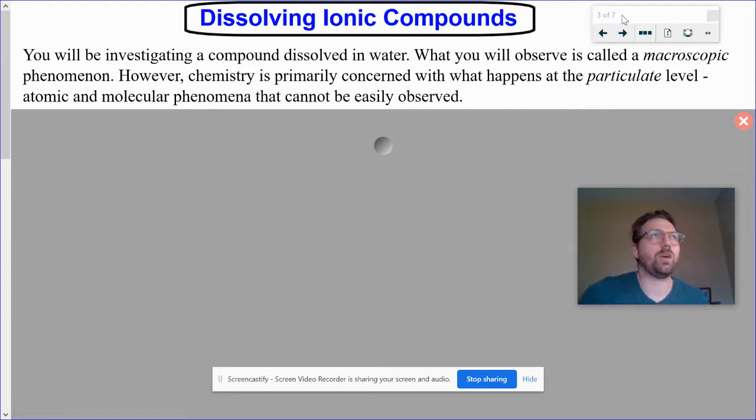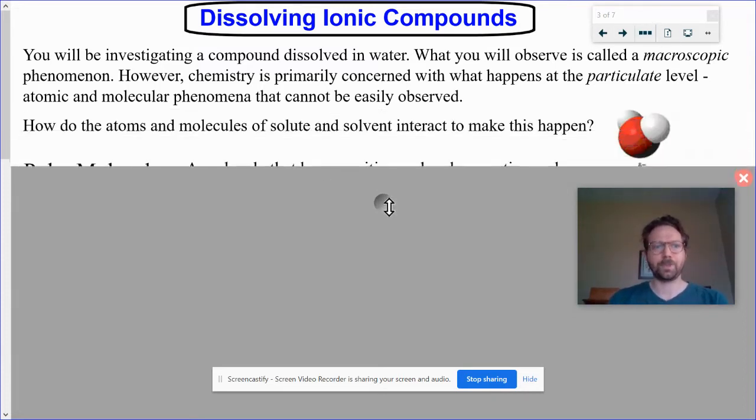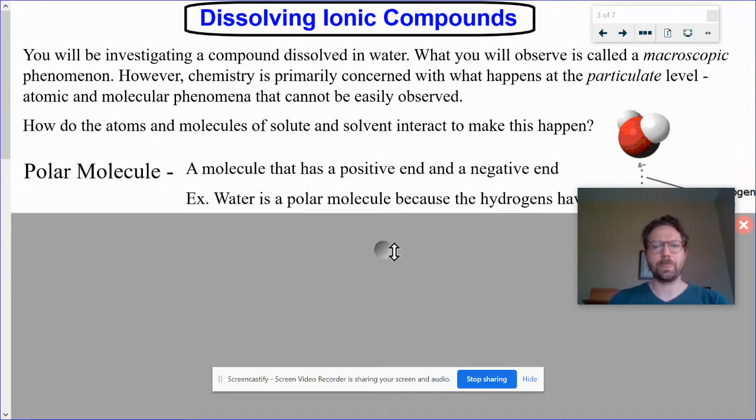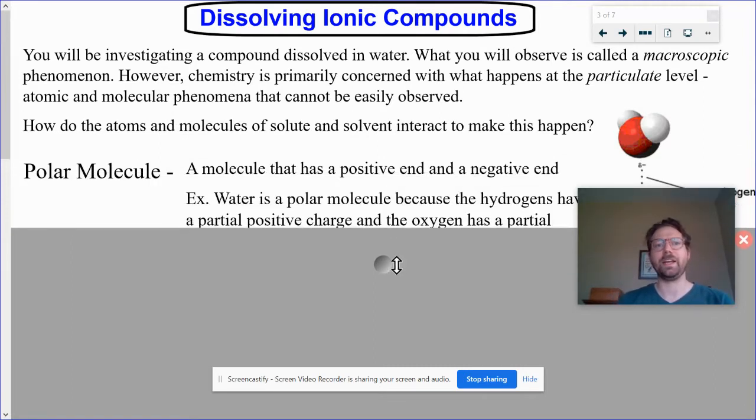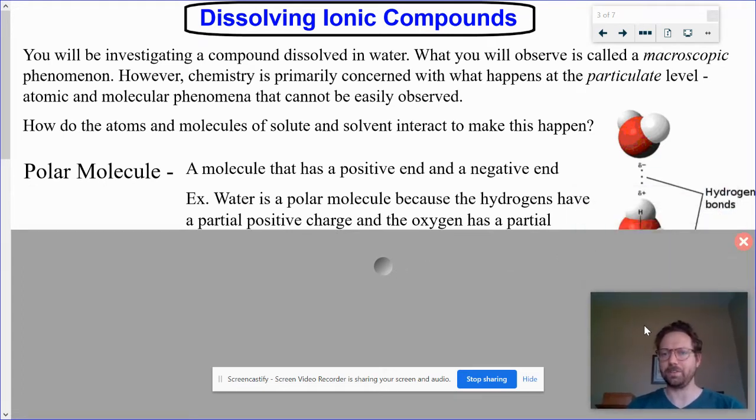However, in order to help us understand what's happening at the macroscopic level, we often draw a particulate level, which is what we've done before. Anytime you draw an atom, you're drawing a particulate level. So, an example of what's happening in the dissolving process of an ionic compound, when you're drawing it at a particulate level, you see the water molecule here as three different spheres.